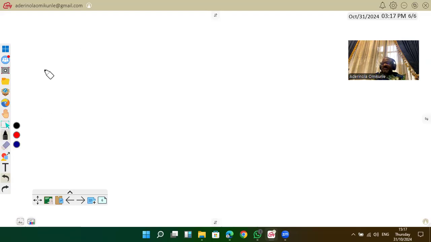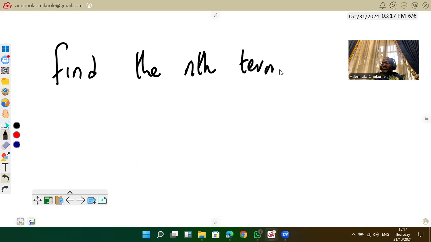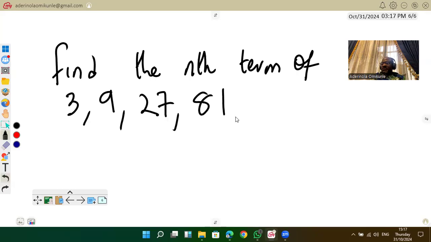So consider the sequence 3, 3 times 3 is 9, 9 times 3 is 27, 27 times 3 is 81, 81 times 3 is 243, and we can just have three dots saying that the sequence continues.